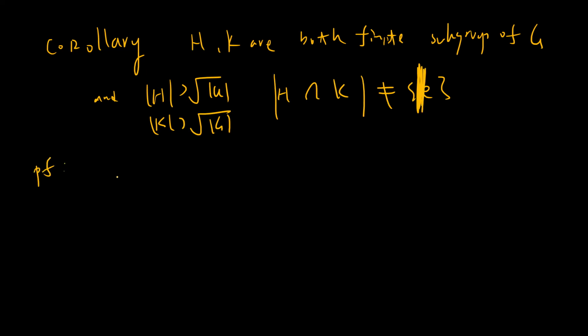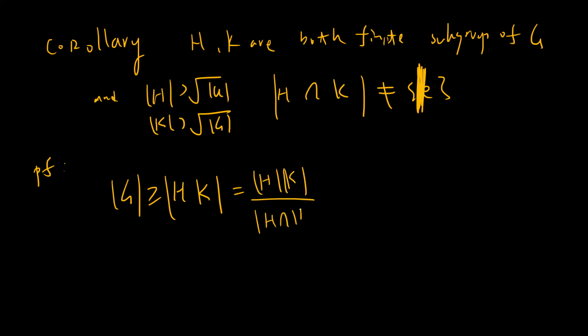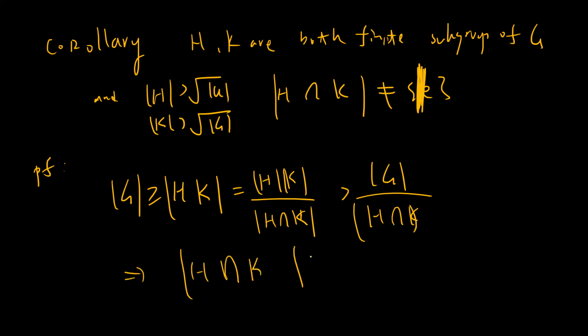Okay, the proof. Since we know that |G| is greater than or equal to |HK|, right? Because H and K are both subgroups of G, it's basically |H||K| over |H intersection K|, right? But by definition, this is greater than |G||H intersection K|, which tells you that |H intersection K| must be larger than 1 if you cancel |G| here, right?